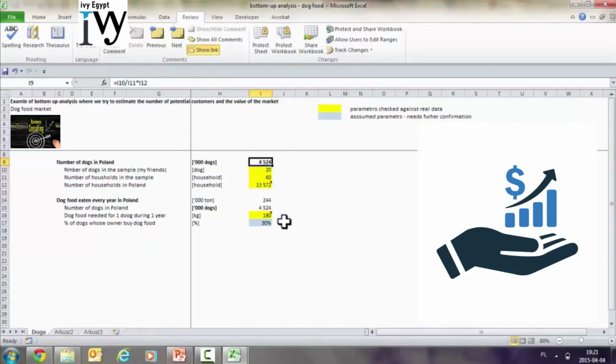Then assuming that 30% of them are actually using dog food, again something which has to be checked because it is not data from any research, we get almost 250 tons of food. And this gives you an idea of the size of the market and also of the value. On the basis of this, you can estimate what your earnings from the market would be, assuming obviously some gross margin, and whether it makes sense.